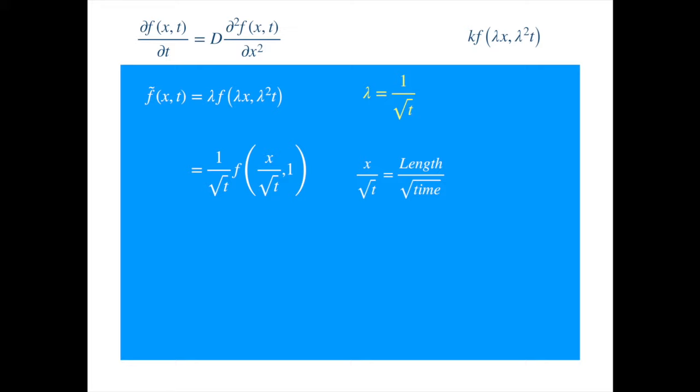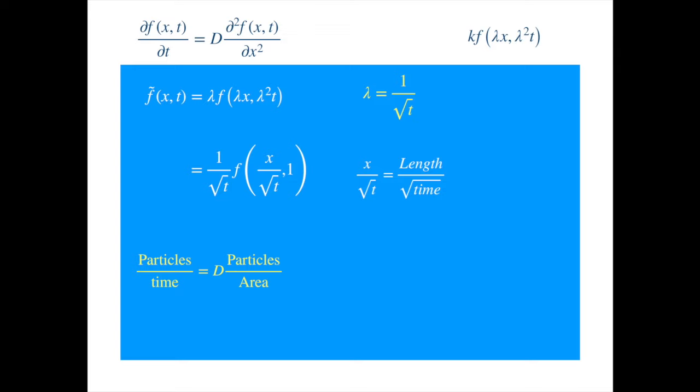Remember, when we approximated the derivatives by the finite difference, we had f in the numerator, which is the number of particles. So the dimension of the left-hand side is the change in particles per unit of time. So it's number of particles divided by time. And the right-hand side is a number of particles per unit of length squared.